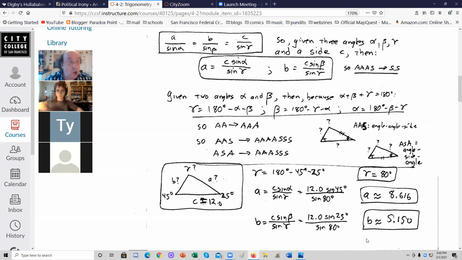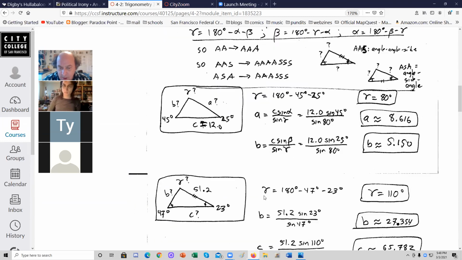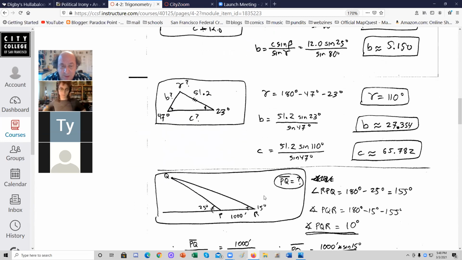Excellent. All right. The second problem. Let's make sure I have 47 degrees, 23 degrees, and the side here is 51.2. What's b opposite this? What's this angle gamma, what's this side c? Now let's make sure I didn't mess that up. 180 minus 47 minus 23 is 110.